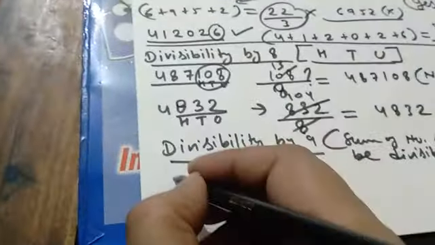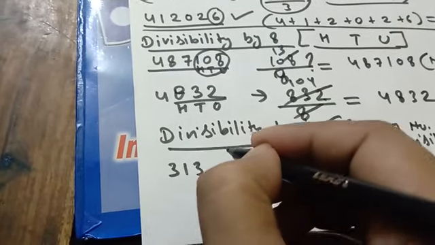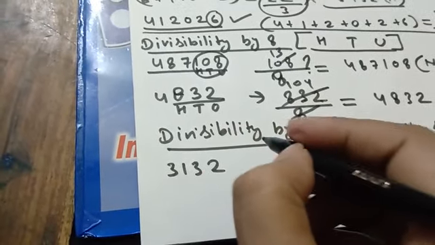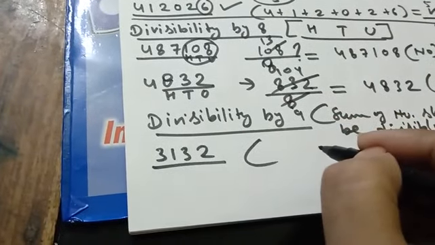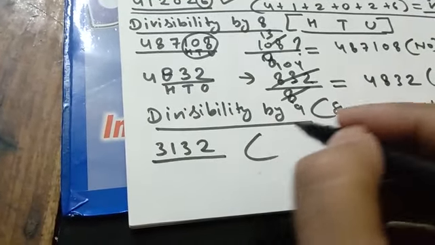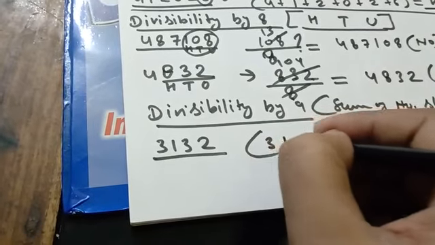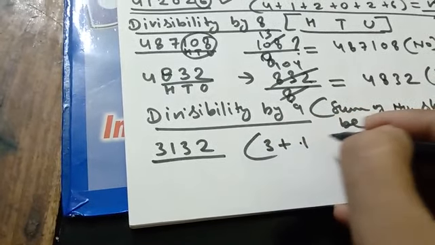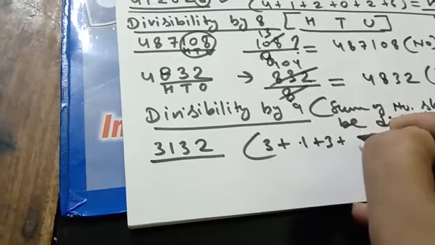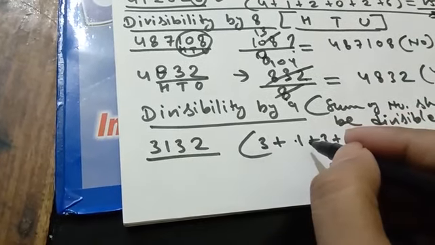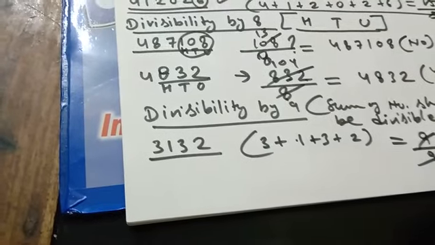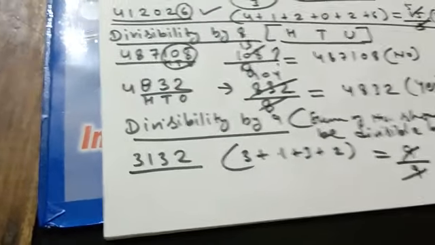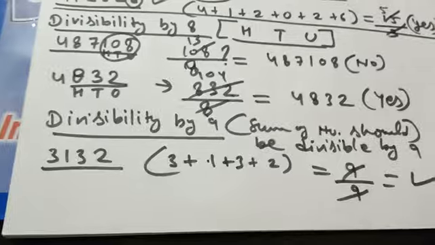For example, I have written some number. Now we will check whether this number is divisible by 9 or not. Adding the numbers: 3 plus 1 plus 3 plus 2, 3 and 1 is 4, 4 and 3 is 7, 7 and 2 is 9. So 9 is divisible, so we can say that this number is divisible by 9.